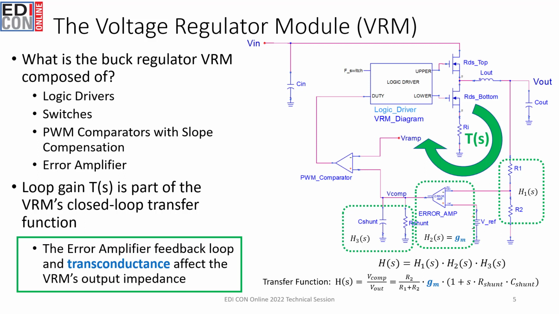The takeaway here is that the error amplifier feedback loop affects the output impedance of the VRM. However, the transconductance of the error amplifier has a manufacturing tolerance, which we stated earlier can vary by over 30%. This can affect the output impedance and also the transient response of your VRM.